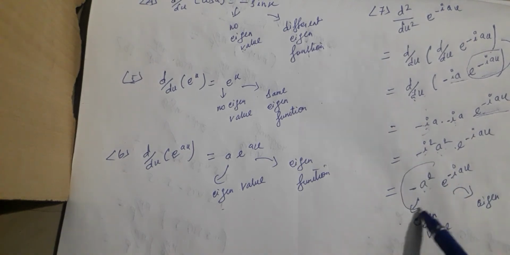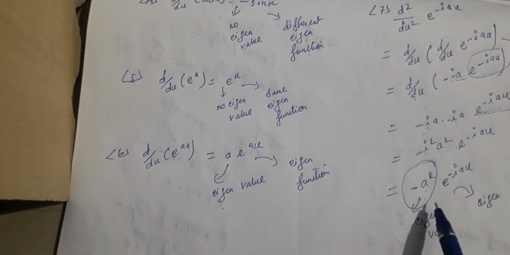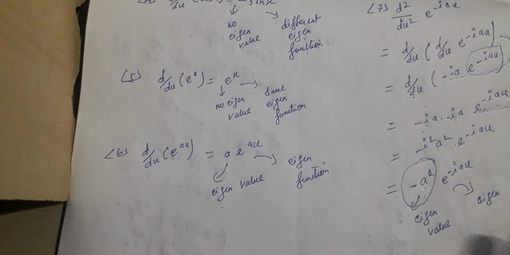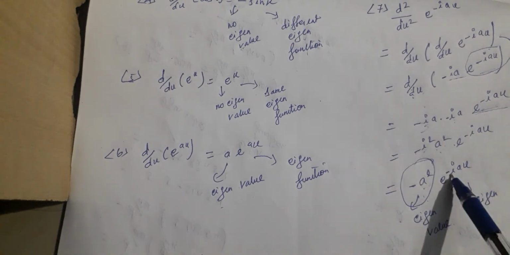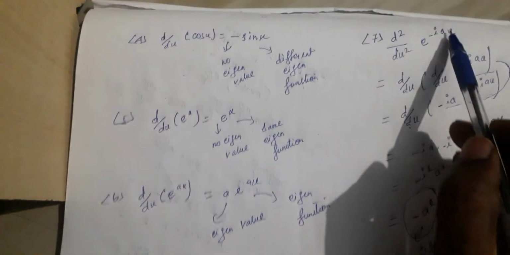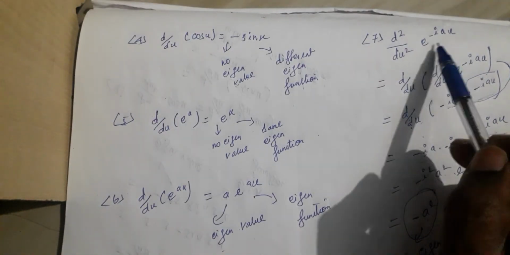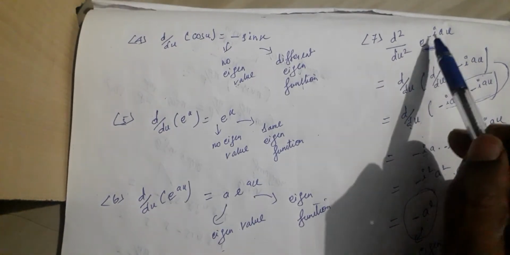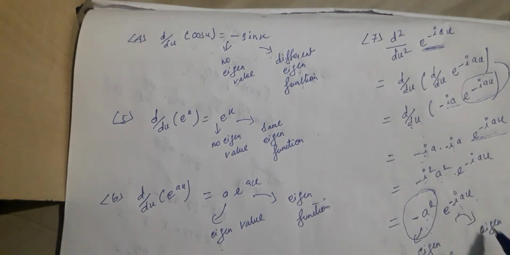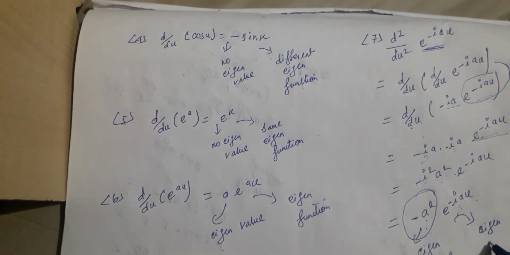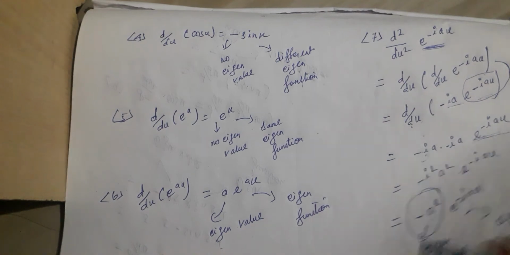So the eigenvalue is minus a square. So the eigenfunction is e power minus iax. So the reactant e power minus iax is the eigenfunction. So the same eigenfunction we are getting in the result. So the eigenfunction is the same.